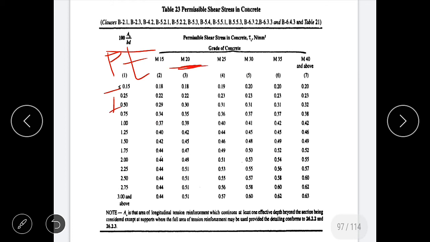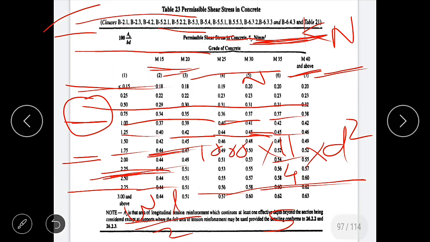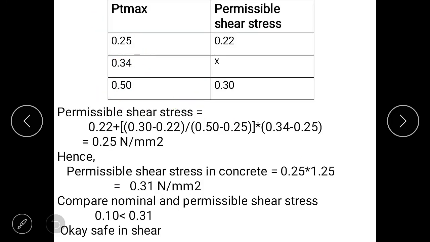Our grade is M20, so consider these two values. For 0.25 the value is 0.22, for 0.50 the value is 0.30, and we have to calculate for 0.34.